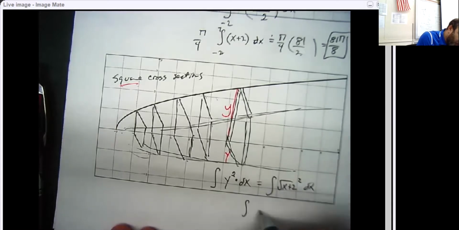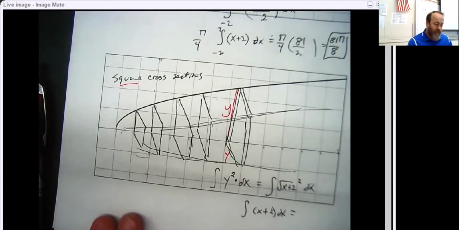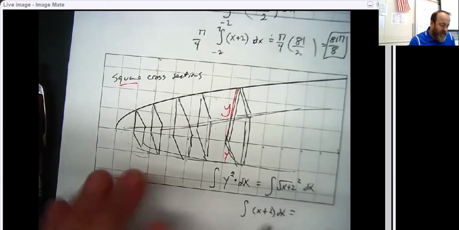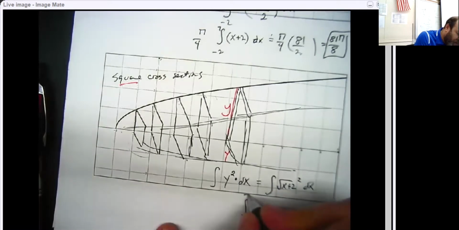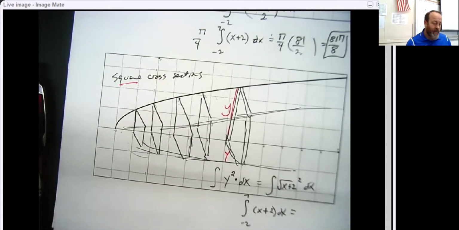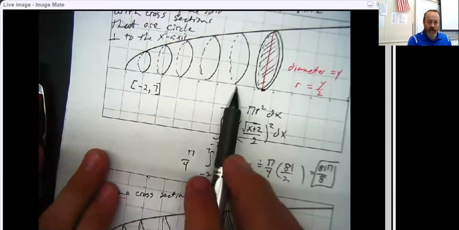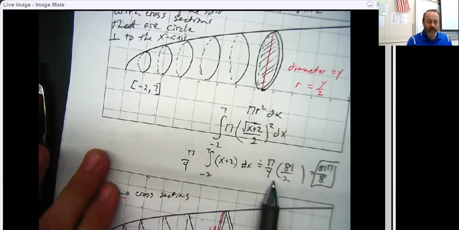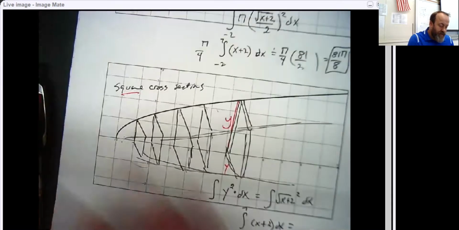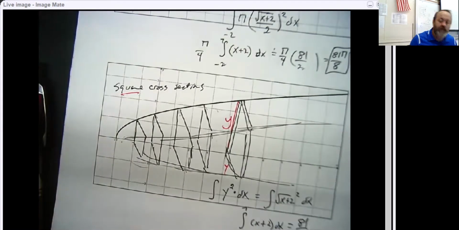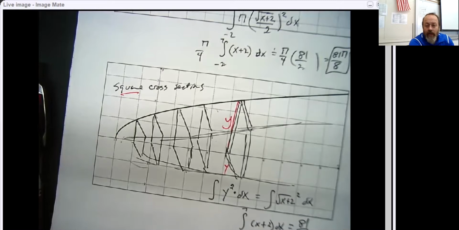And all of a sudden we got the same thing that we saw a moment ago, because we literally just did that problem up here. So whereas the volume of the circle was 81 halves times pi over 4, this one is just 81 halves.